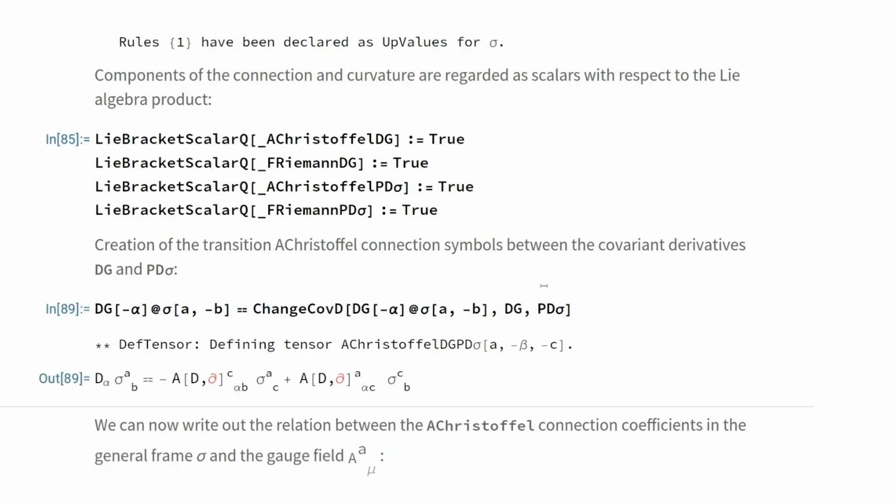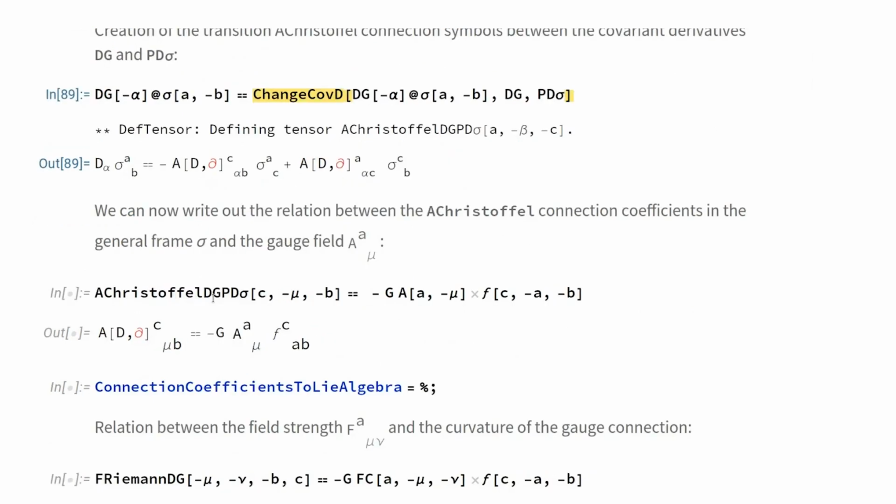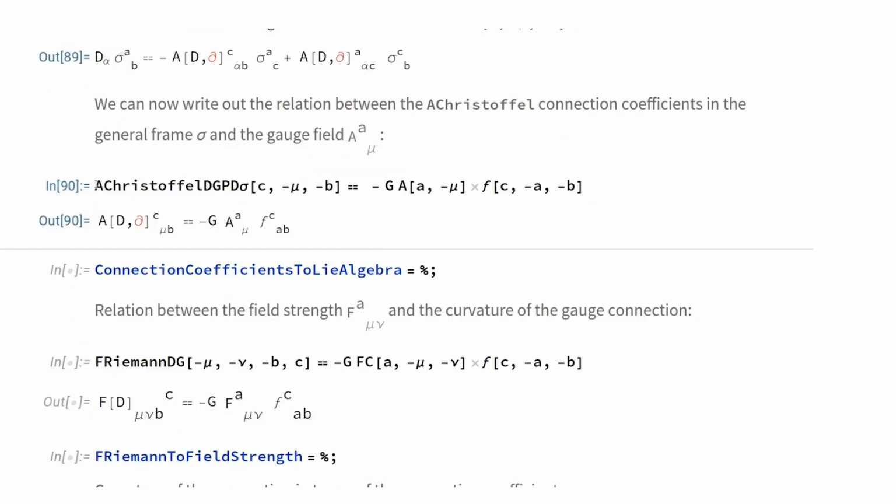Now, any gauge covariant derivative can be expressed in terms of the covariant derivative that is compatible with the general frame. And I can now set up the relation between the internal Christoffel symbols that we have in the vector bundle theory and the gauge potential that comes from the principal bundle theory.